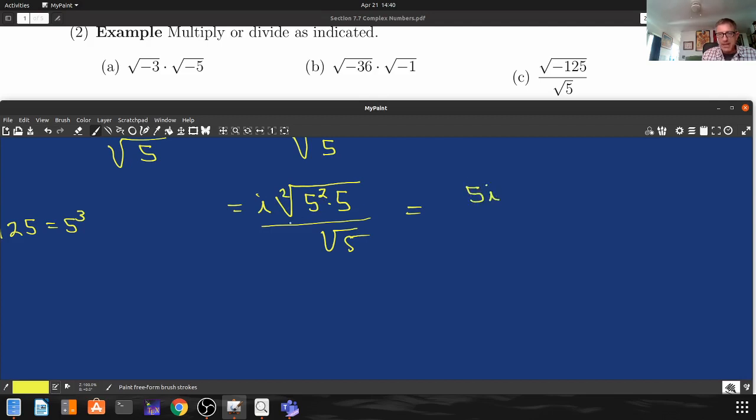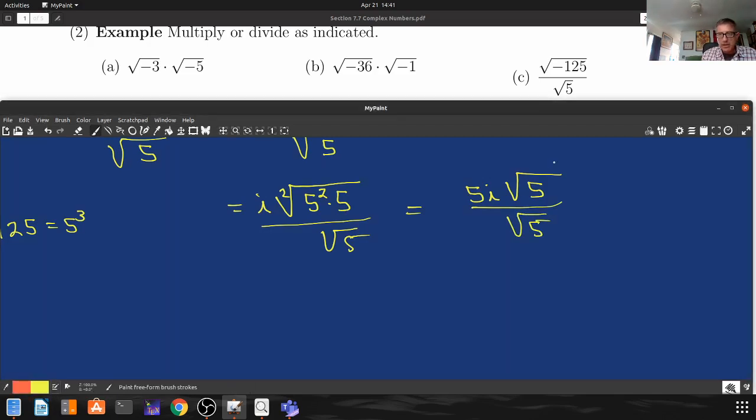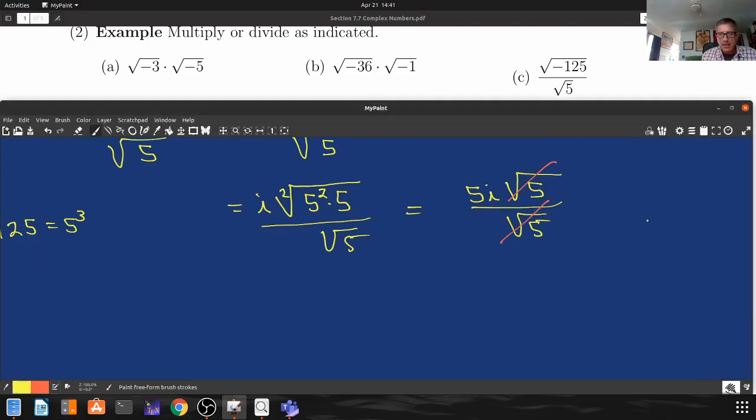So it comes out from underneath the radical as 5 and multiplies times i. And all I have left, what has to remain behind, is the single factor of 5 divided by the square root of 5. And since the square root of 5 is in the numerator and the denominator, those cancel, and the end result is 5 times i.